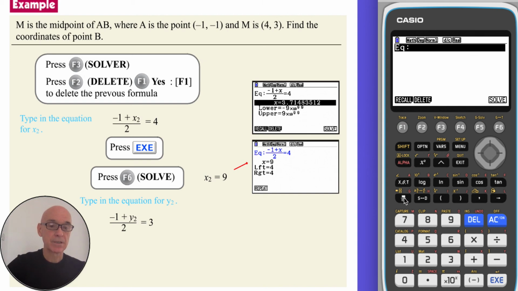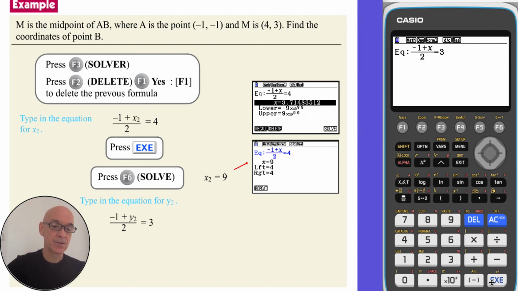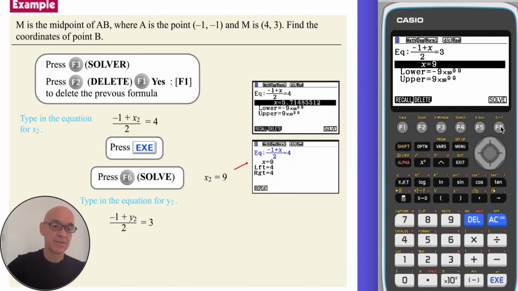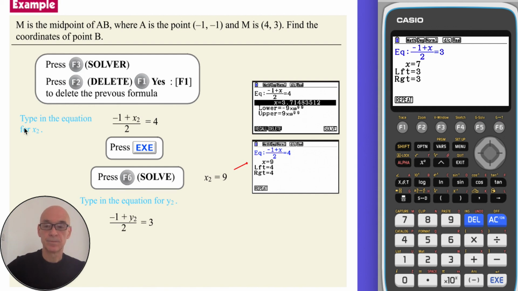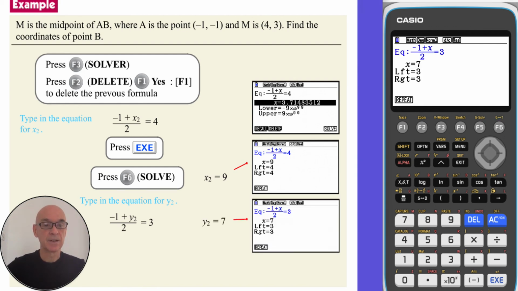So again, pressing the fraction button, -1 plus, we use the same variable x for y2, down cursor, and then the 2, and the right cursor, and again shift to access equals, and 3. Pressing execute to enter the equation, and F6 to solve the equation, with the value of 7. So again, the coordinates of point B are 9, 7.